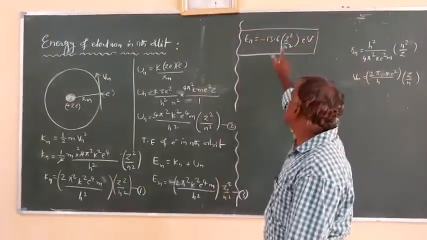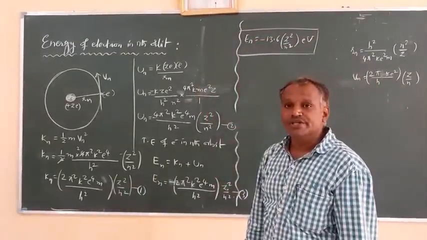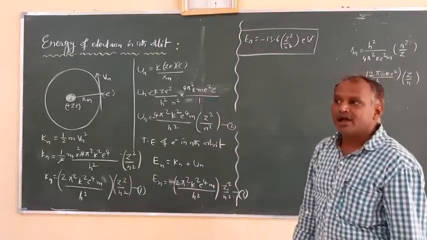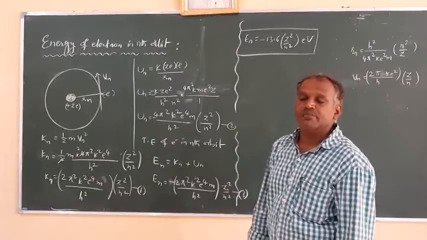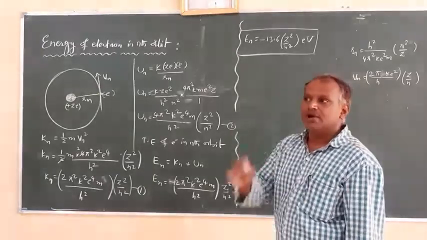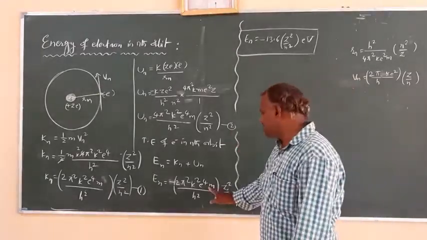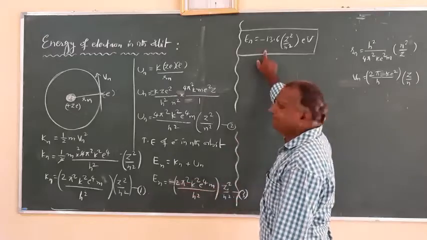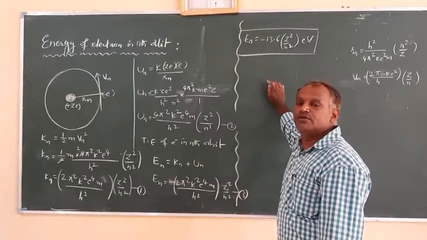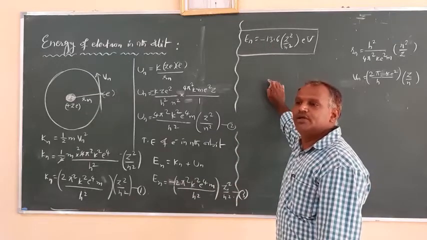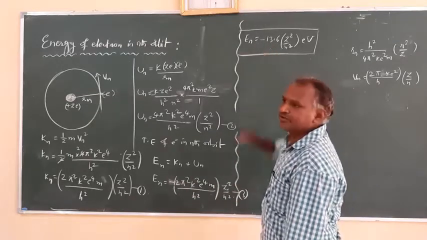This is the equation for hydrogen-like atoms, where the mass of the electron is substituted and all these constants are put in. So this is the total energy of the electron revolving in the nth orbit.